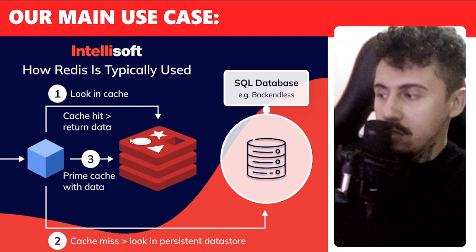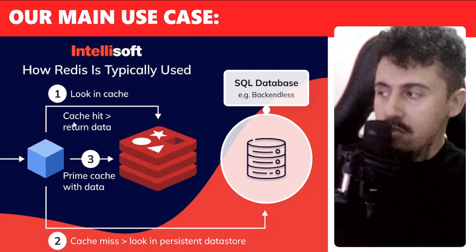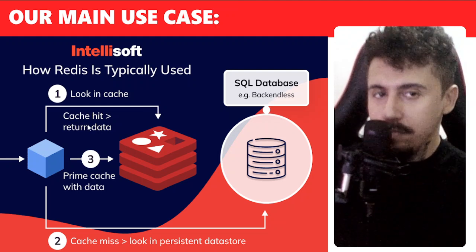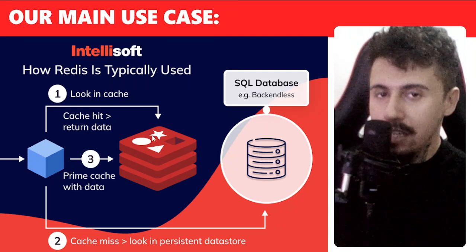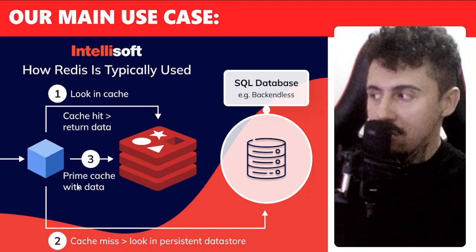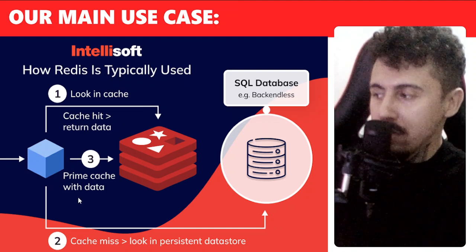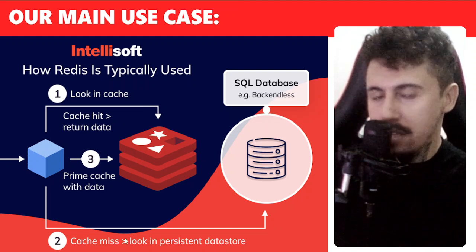But you can also see a situation when you look at the cache and the data is not there. So you face an event called cache miss, as you can see here.